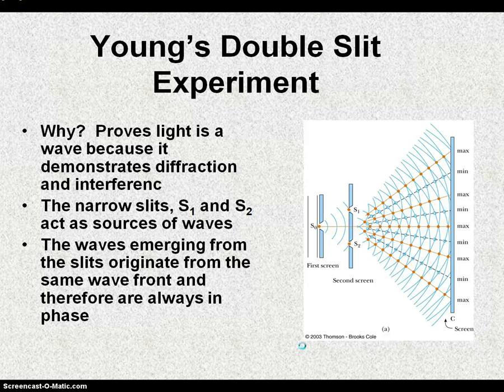And so how the experiment was set up is that you had a light source, okay, and it was filtered by using a screen that had one slit. So you had sort of one uniform light ray that was coming through this, okay.